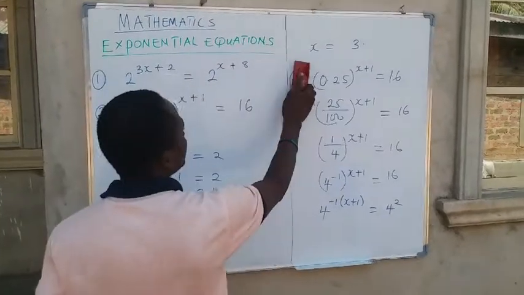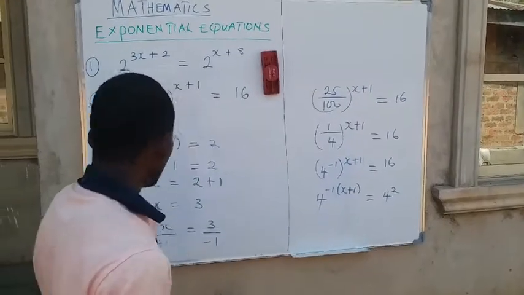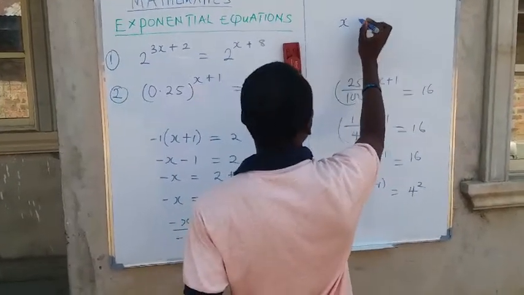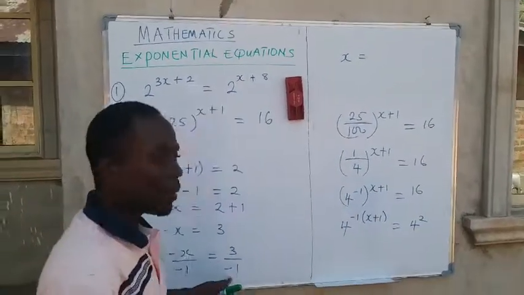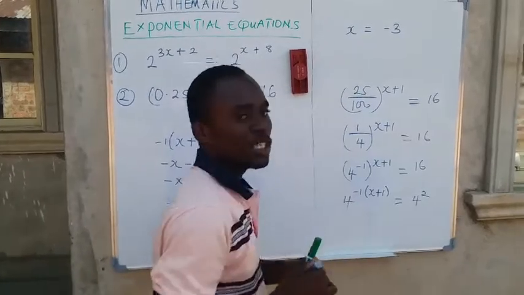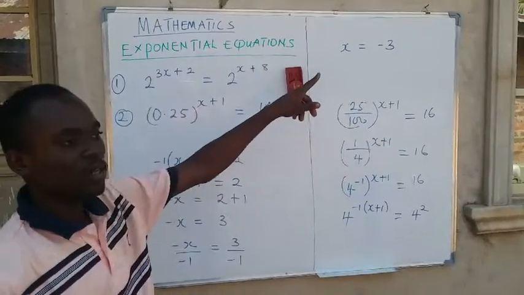Minus x divided by minus 1 gives x, which is equal to 3 divided by minus 1, which produces minus 3. So the solution for the second exponential equation is x = -3.